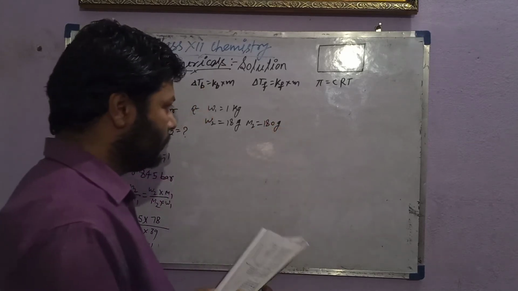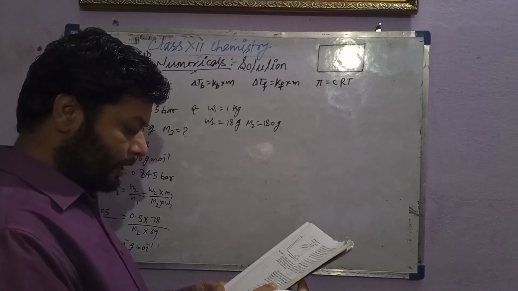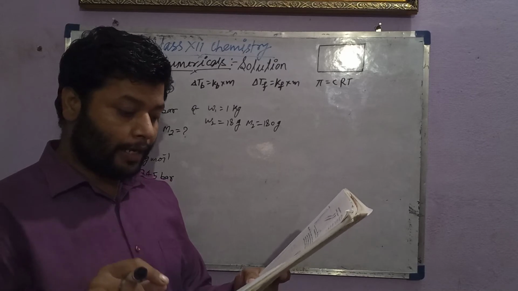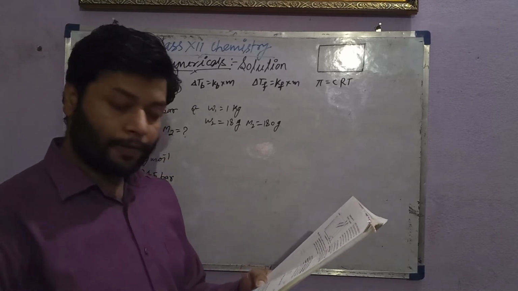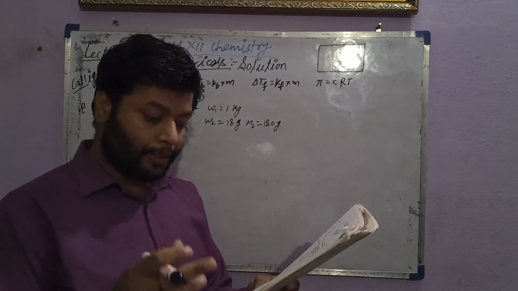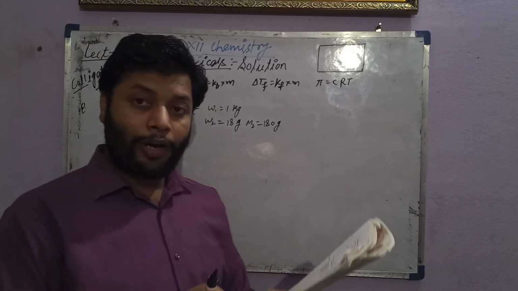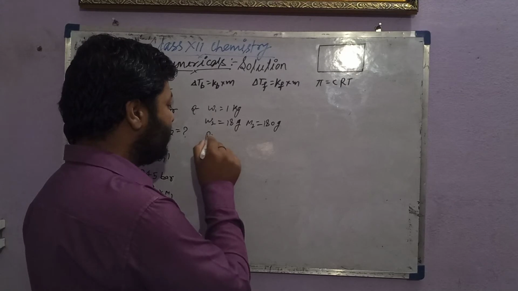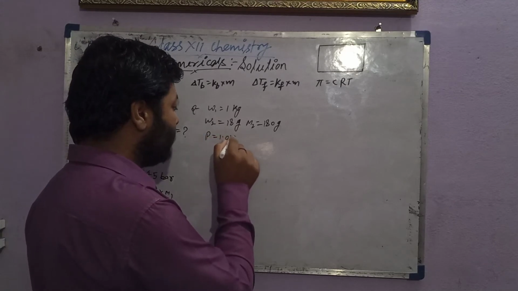gram per mole. Then the next thing is, at what temperature will water boil at 1.013 bar? The pressure is given, 1.013 bar.